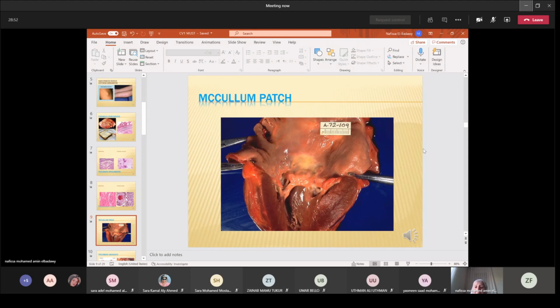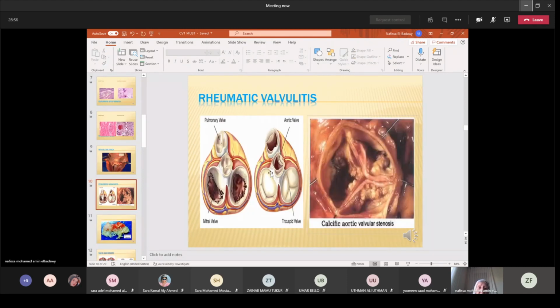So this is the valve from the atrial surface. We can see this is the normal valve, and the normal valve as it closes. And here the affected valve became irregular with shortened cusps, and it does not close very well.